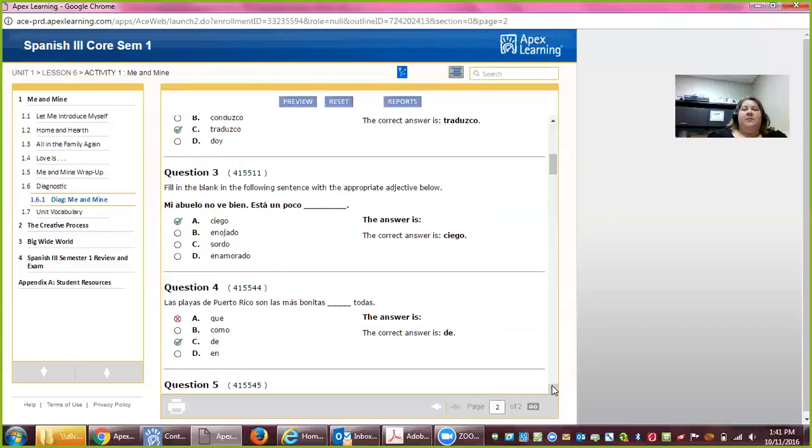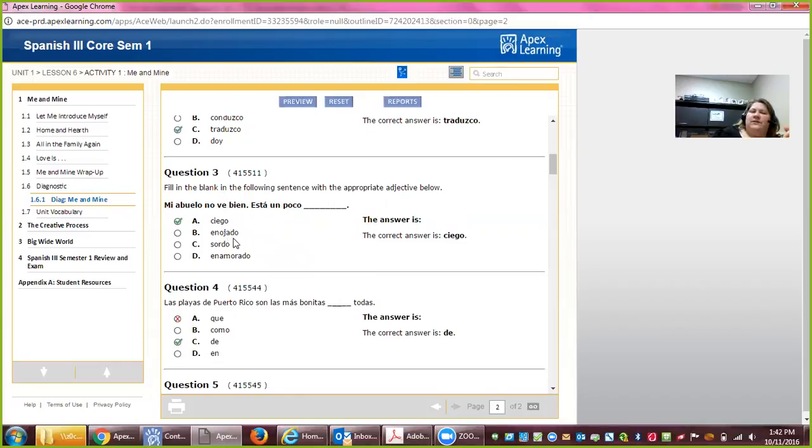Número 3. Mi abuelo no ve bien. Es un poco ciego. For those of you that don't know what ciego is, you need to go back and know that that means blind. And I can also do some problem solving. I know that ve comes from the verb ver, which means to see.